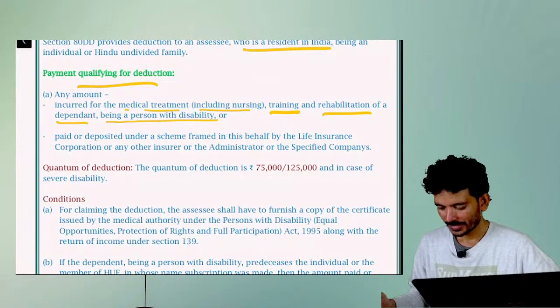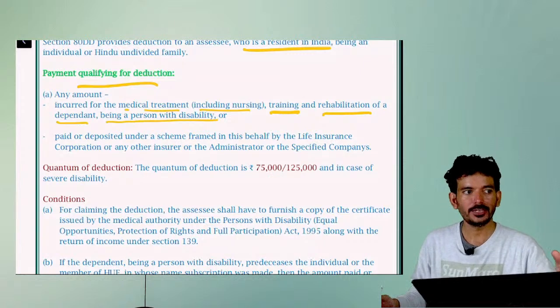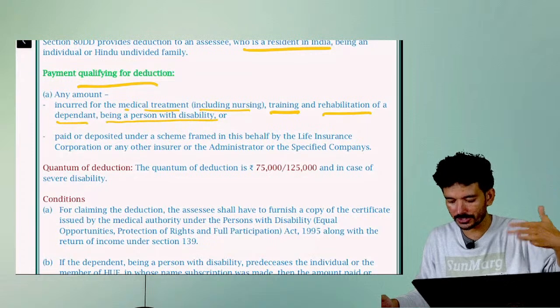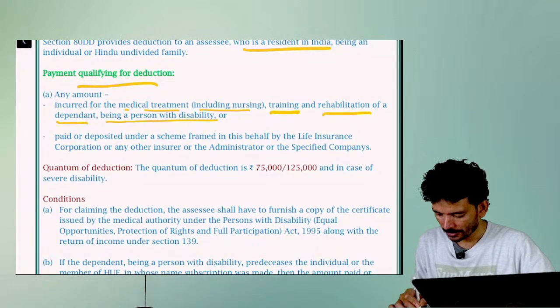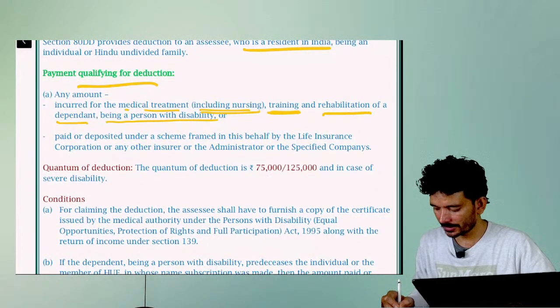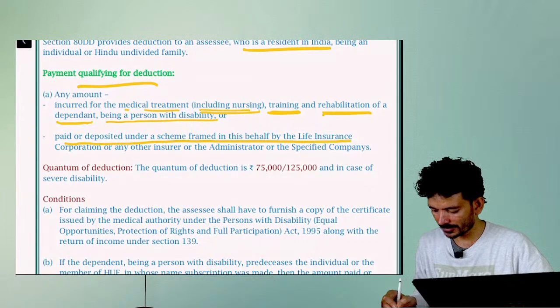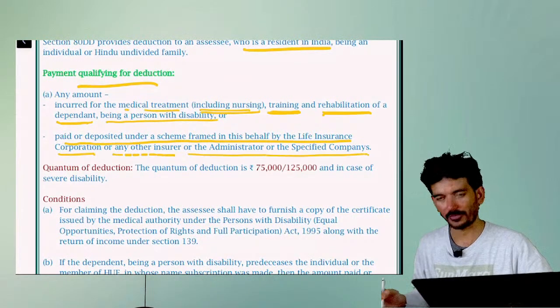Yeah. So coming back to this, if there is any disabled person on whom you are incurring expenditure for nursing, training, rehabilitation of a dependent person, paid or deposited under a scheme framed on this behalf with the Life Insurance Corporation or any other insurer or the administrator of the specified companies.